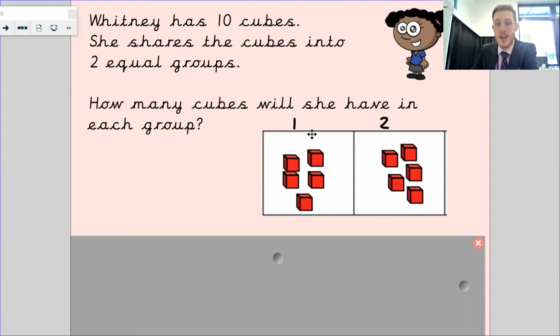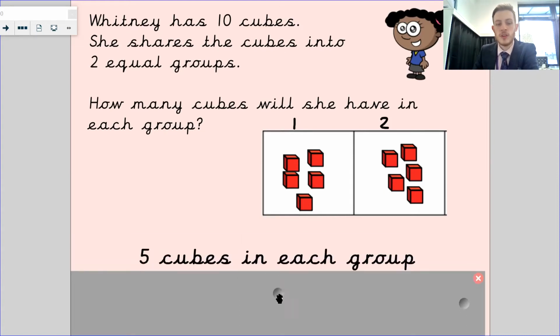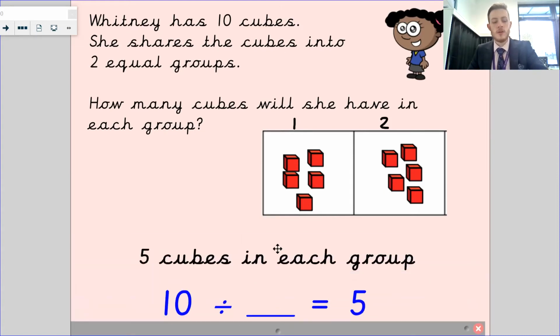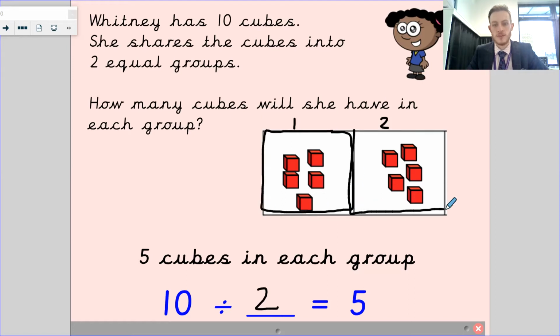I've equally shared it. 5 in one group, 5 in the other group, 2 groups. Whitney's got 10 cubes. She shares them between 2 groups. So there's my 2 groups. And how many did I say was in each group? 1, 2, 3, 4, 5. I've got 5 in each group. Okay, 5 cubes in each group.